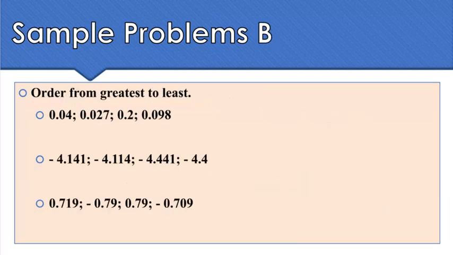Next, we want to order these decimals from greatest to least. So if I look at the whole number part, they all start with zeros. In the tenths place, I have 0, 0, 2, and 0. So 0.2 is the bigger number.